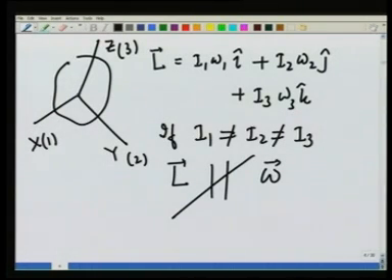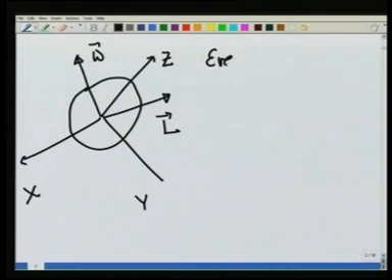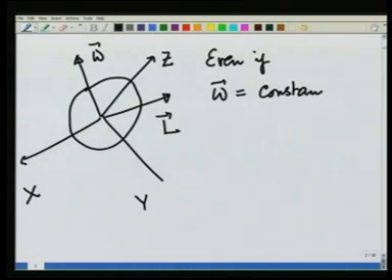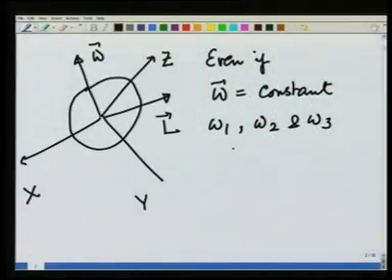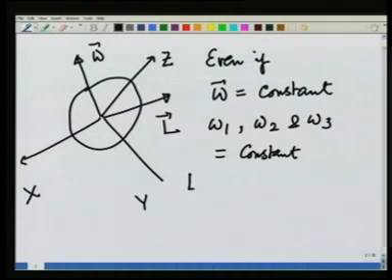So suppose this is omega, so that it has components in x, y and z directions, 1, 2 and 3 directions, this could be L. Even if we take omega to be constant, and even if omega_1, omega_2 and omega_3, that is the components of omega along the principal axes, are constant, L is going to change, because L rotates.